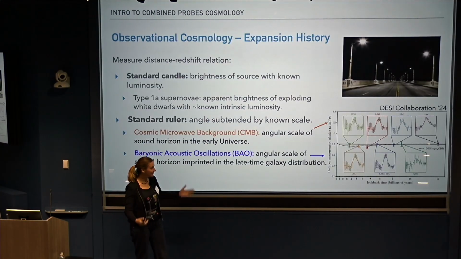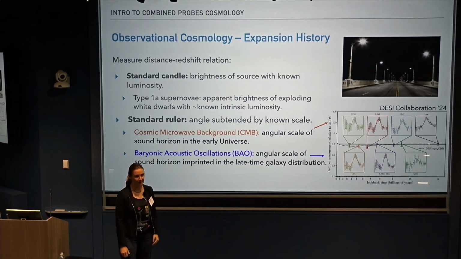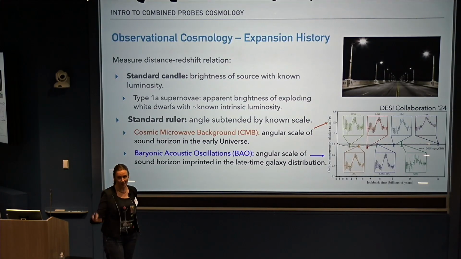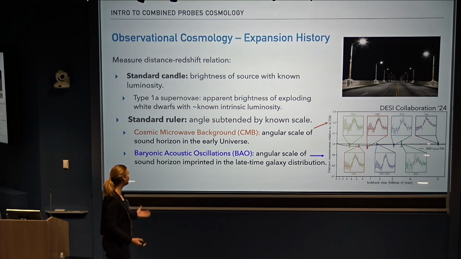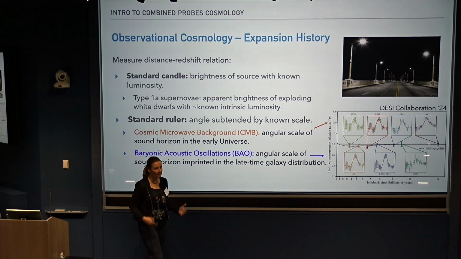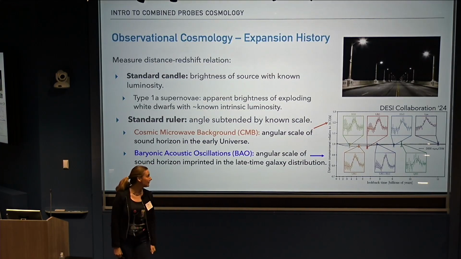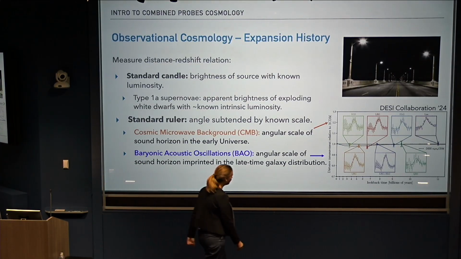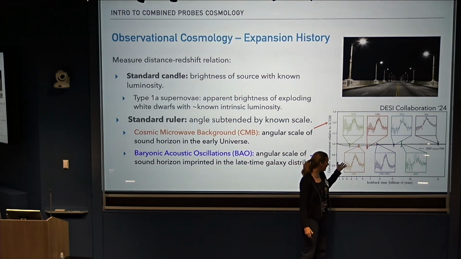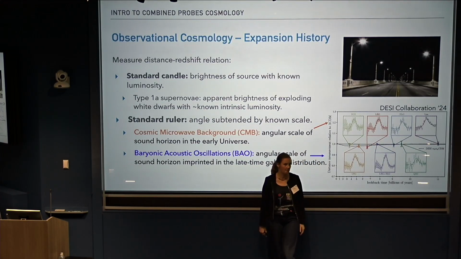Now, with all that data, we want to do observational cosmology. And just to briefly also mention, of course, a lot of our constraints come from the expansion history, which is based on measuring the distance-redshift relation using either standard candles or supernovae or standard rulers. That is the angle subtended by a known scale for cosmologists, the size of the sound horizon, either imprinted in the cosmic microwave background or imprinted in the distribution of galaxies, shown here as the galaxy 2-point function from DESI.